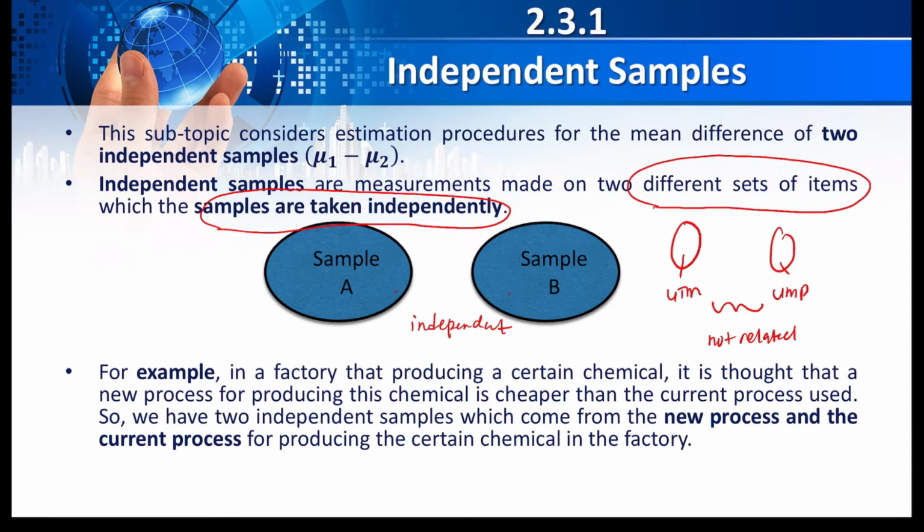Sometimes the sample sizes can be similar and sometimes different, and they come from different subjects. They must not be related. So if the samples are independent, we will use mu1 minus mu2.